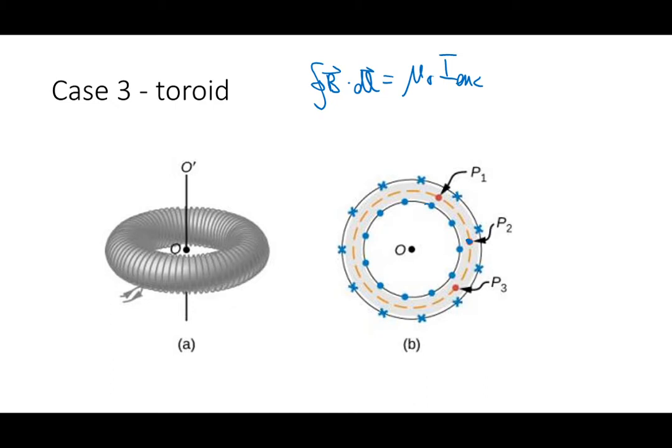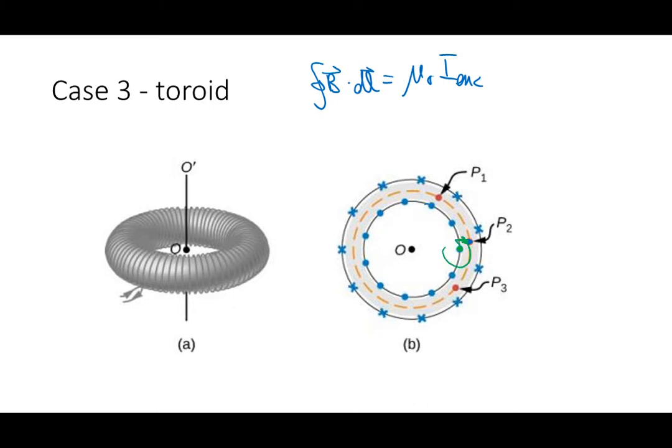Oh, the direction. If you're ever curious about the direction, you just pick one particular point of the current, say this one right here, and then apply the right-hand rule. I applied the right-hand rule coming out of the page, and so it loops around this way.